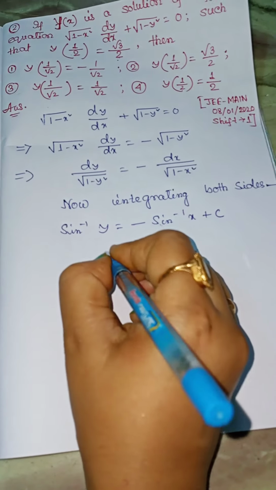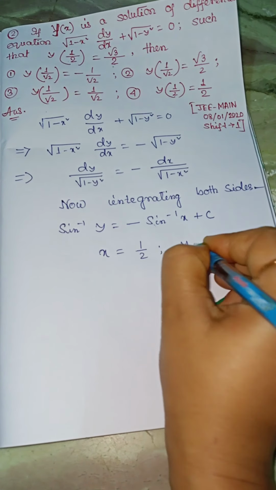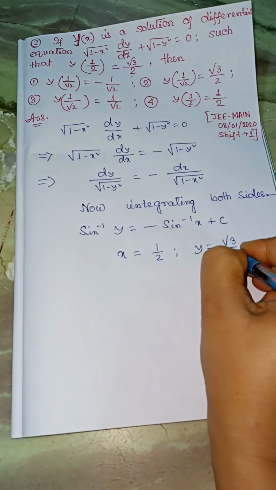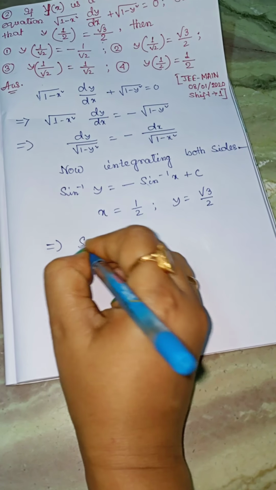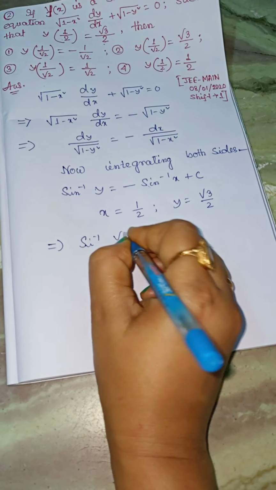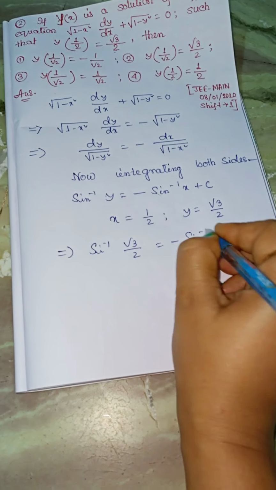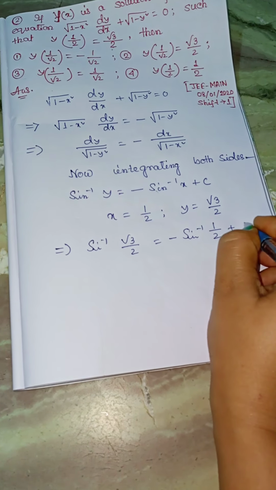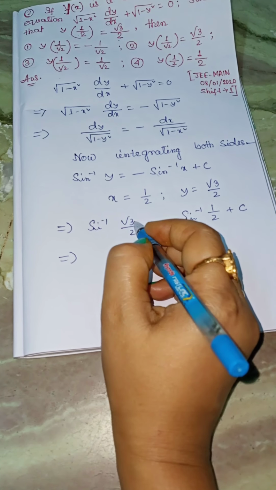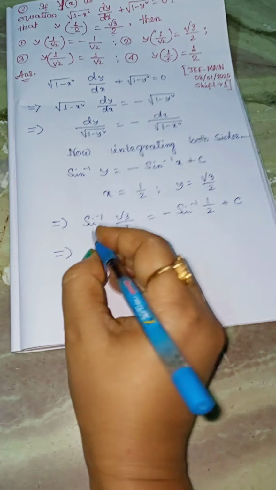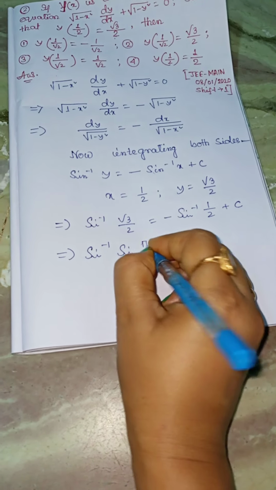So putting the value x is equal to half and y is equal to root 3 by 2 in this equation, we get sine inverse root 3 by 2 is equal to minus sine inverse half plus c. We know sine of pi by 3 is equal to root 3 by 2, so sine inverse root 3 by 2 is pi by 3.